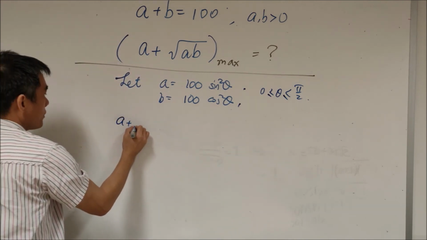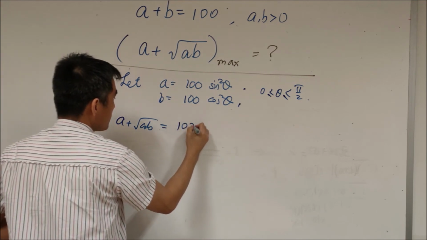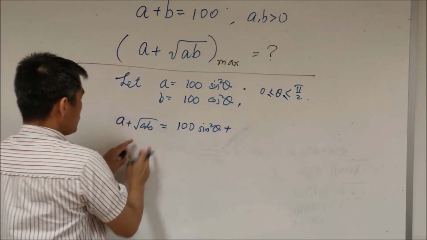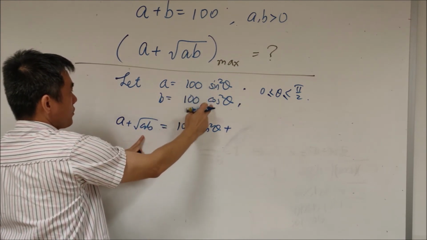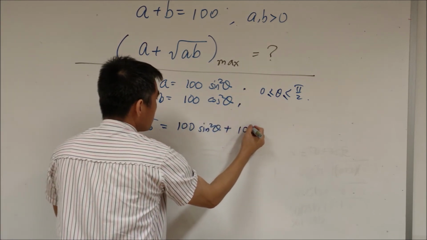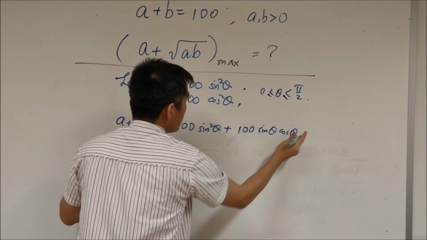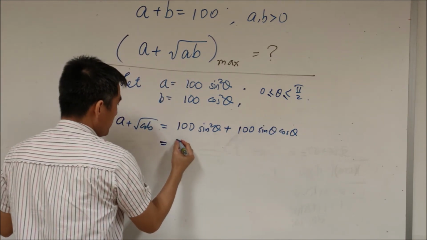So a plus square root of ab equals 100 sine squared theta plus the square root of 100 squared sine squared cosine squared, which gives 100 sine theta cosine theta, as theta is in the first quadrant.